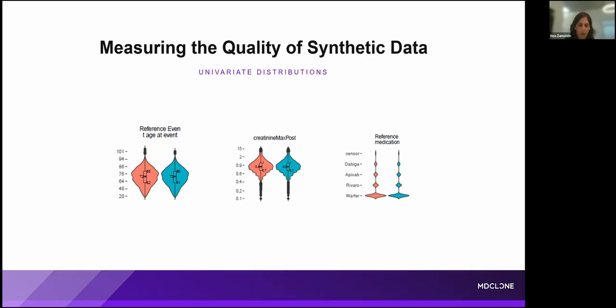For the numerical variables, age and creatinine, we can examine the shape of the distribution depicted using a violin plot and a box plot, which shows the quartiles of the distribution. The distributions are very similar, but not identical. For categorical columns, we see the frequencies of the different categories, with here warfarin being the most frequent. You'll notice the word censored as the top category, which I will get to in a few slides.